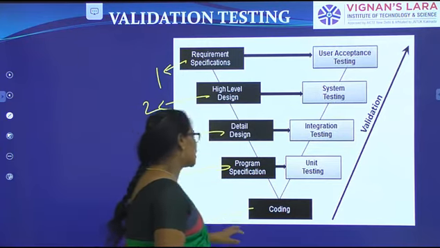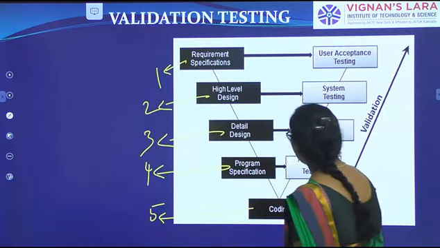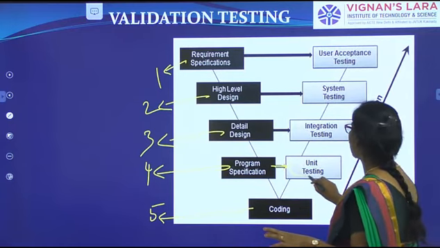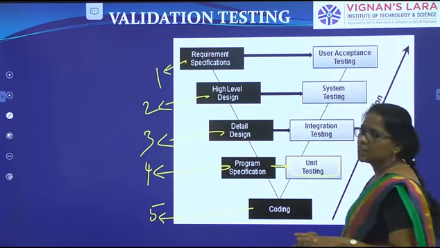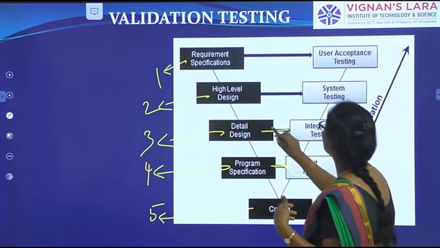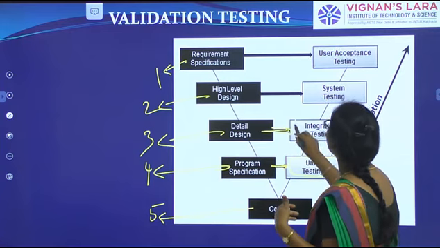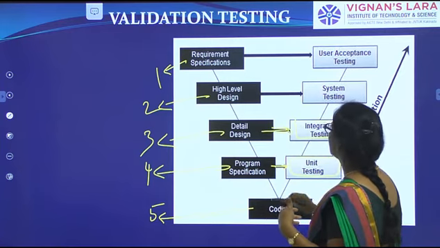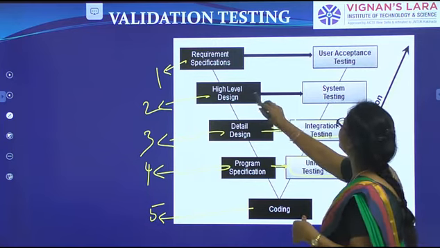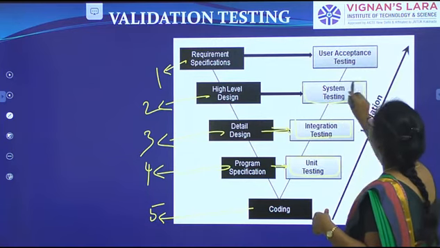After coding, what do they do? For the program specification, they will go for unit testing. Different types of testing we have seen. For detailed design, what type of testing will they do? Integration testing. So this is validation. High level design is system testing.